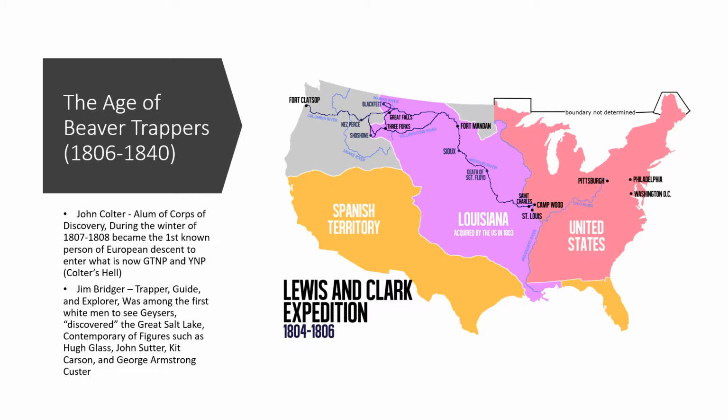Jim Bridger was another trapper. A lot of these mountain men types were engaged in the fur trade. They were looking for beaver pelts, a lot of money to be made. Beaver pelts were shipped back east to be eventually turned into beaver felt hats, which were all the rage on the East Coast and back in Europe.